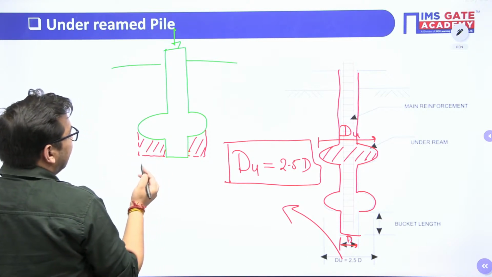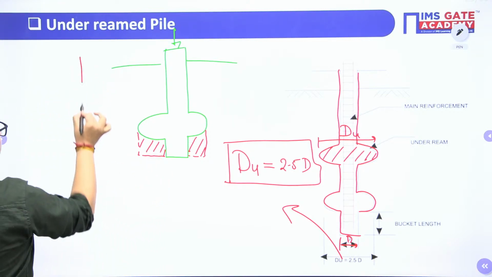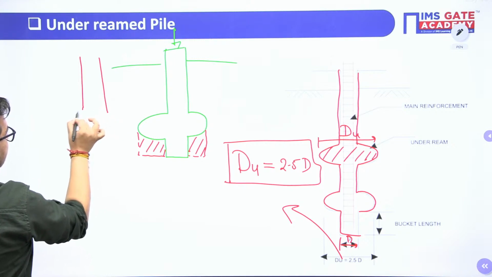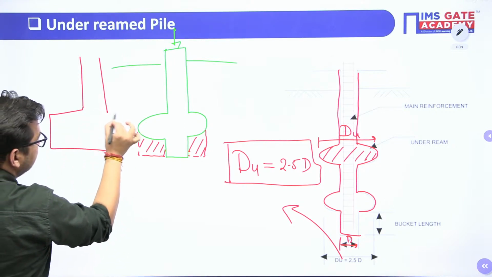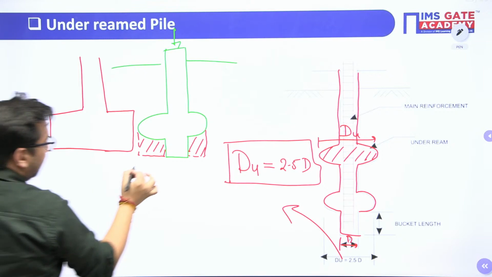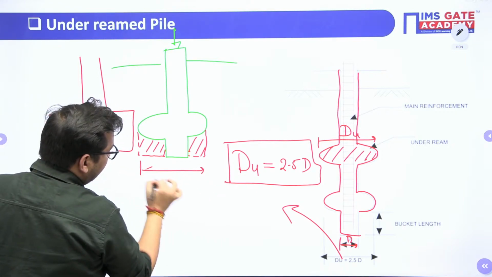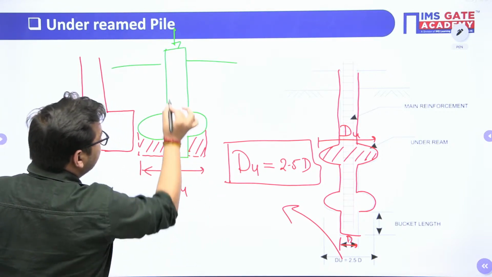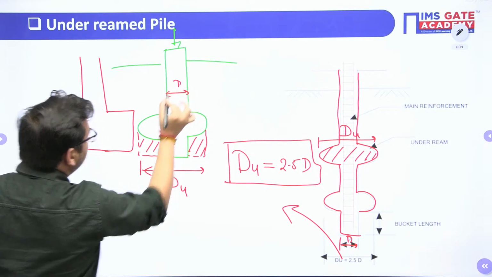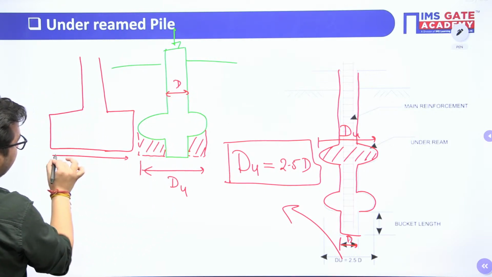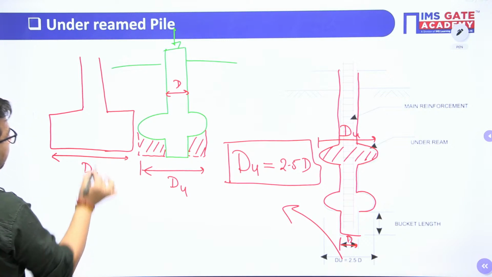So you can analyze it as a pile like this, where the diameter here is du and the diameter here is d.